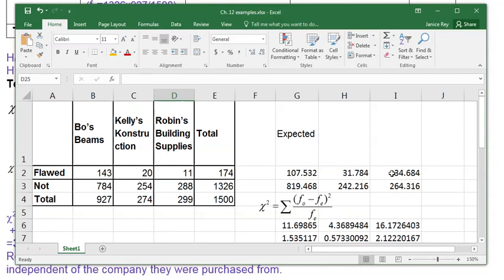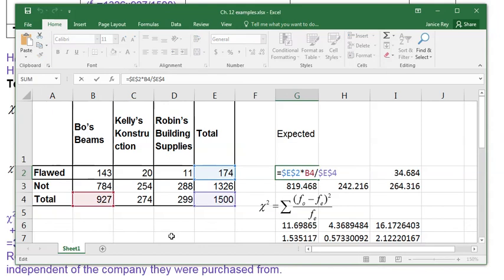So if we look at that in Excel, we again still start out with these given values. If you needed to calculate your sums, you can definitely use the sum function in Excel. But we can use Excel to calculate those expected values. So you'll notice what I did here. I did use some absolute references so that I could copy and paste that.